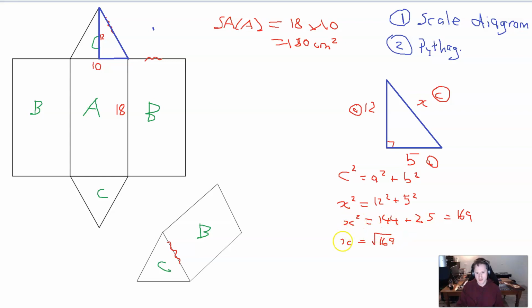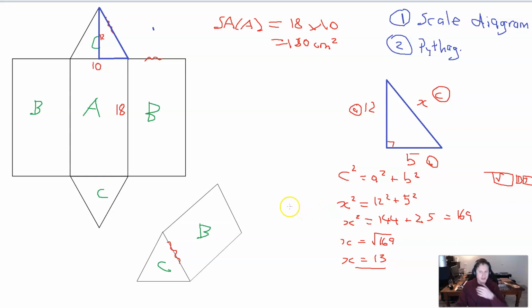So basically, to go from x squared to x, we need to do the square root of this answer up here. And the square root of 169, I know that that's 13. So in your calculator, you just have to press the square root button, and then you put 13. You just press equals, and that will pop up.